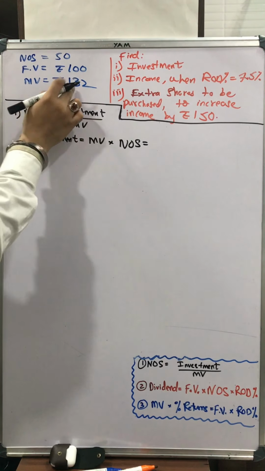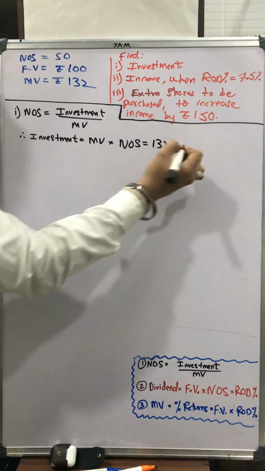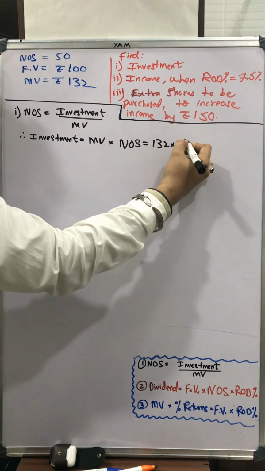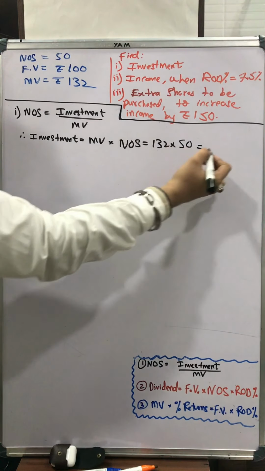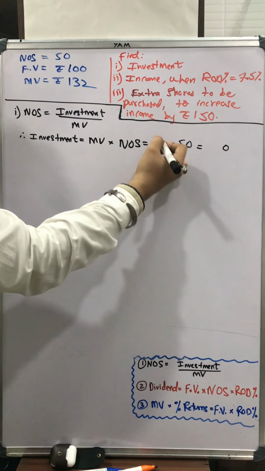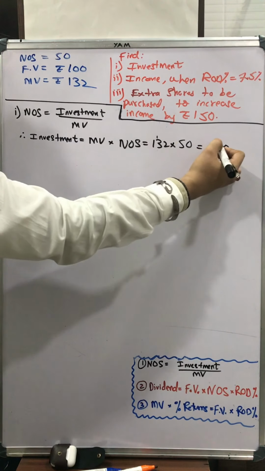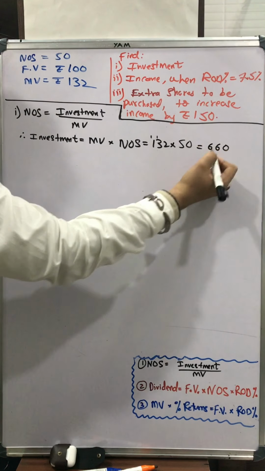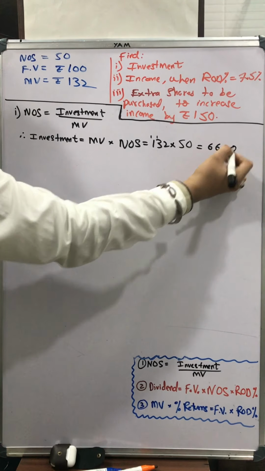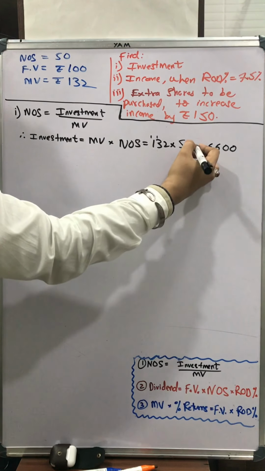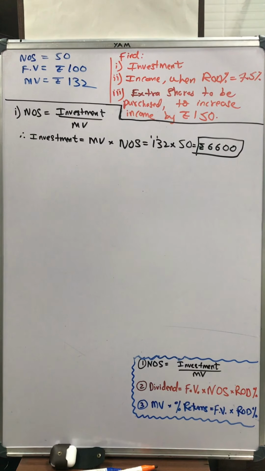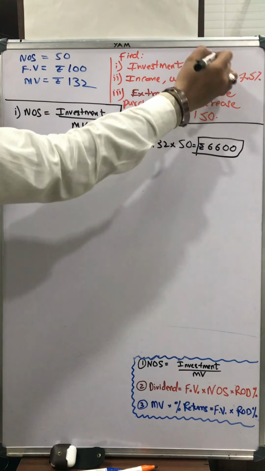Market value is given to me as 132, so it's 132 multiplied with number of shares, which is 50. So I just multiply. 5 2s are 10, carry 1, 5 3s are 15, plus 1 16, carry 1, 5 1s are 5, plus 1 6, and this 0. Okay, this is my investment, a rupee symbol. So rupees 6,600 is the investment of Salman, and that's it, we got the first answer.